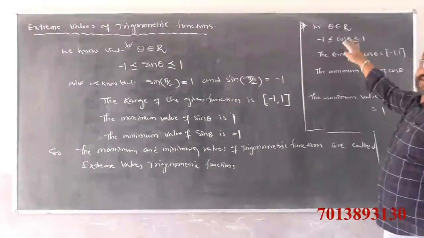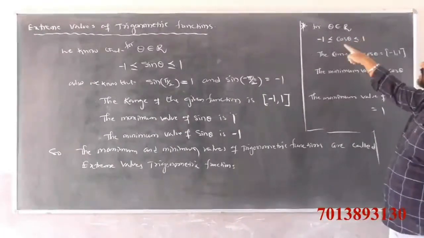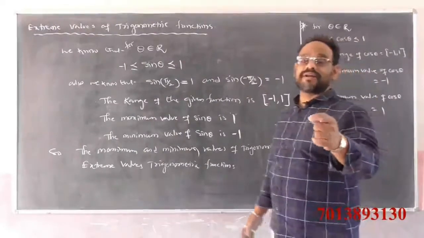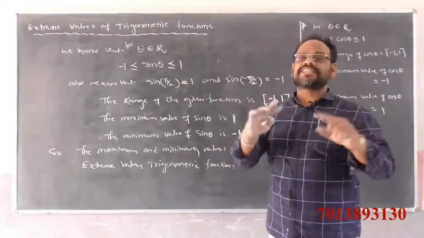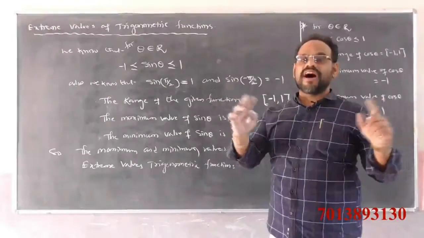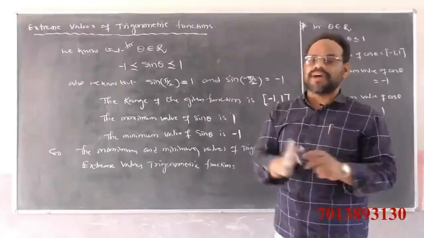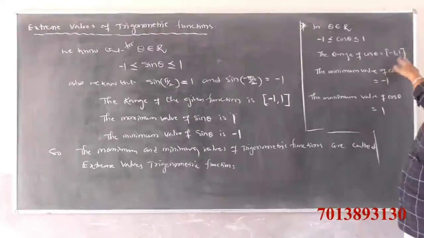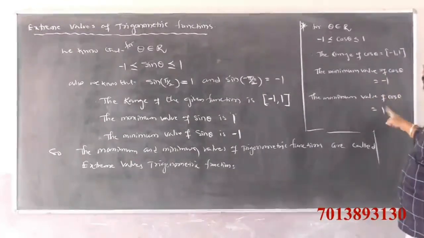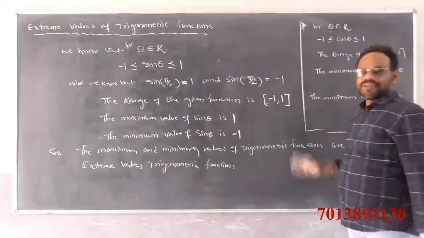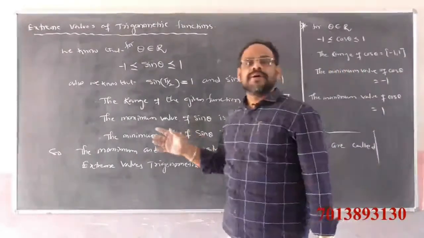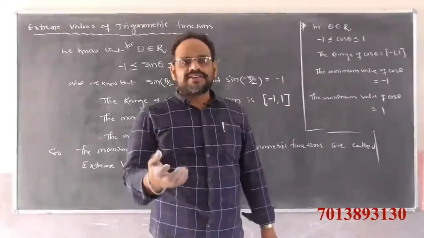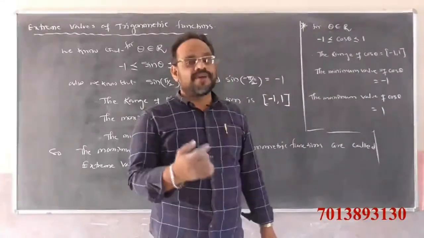The extremities, that is, the extreme values of cos theta, are nothing but minus 1 and plus 1. Extremities mean the last values, that is, the minimum and maximum values.